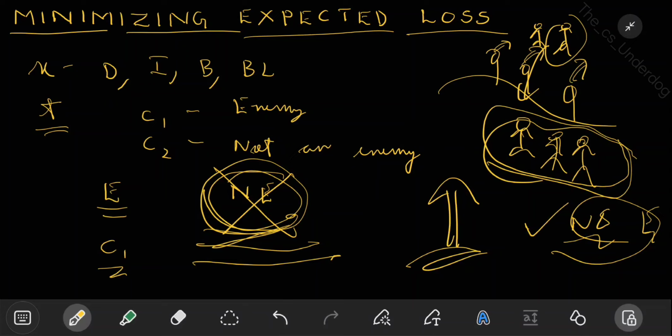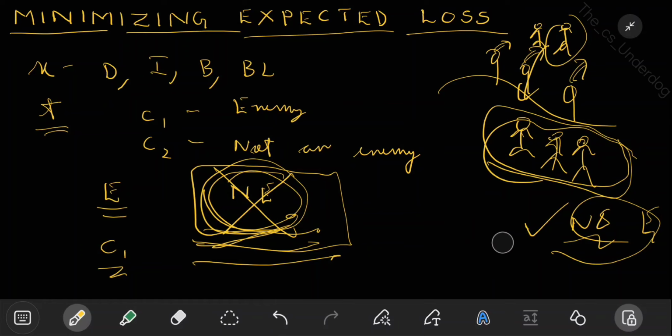The only issue is you had to send troops, which didn't cause much of an issue. It's just an extra burden of sending the troops. But the second one, in which it was actually an enemy but you marked it as not an enemy, is a very severe mistake, which means ideally in this sort of problem, you should not be going for minimizing misclassification rate.